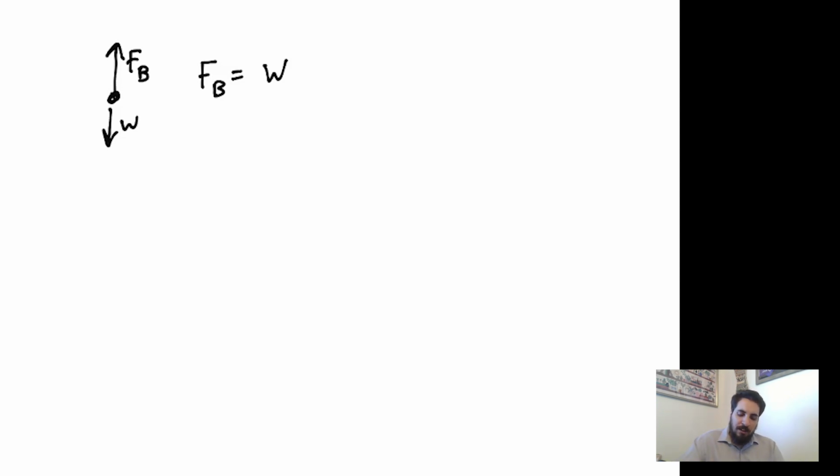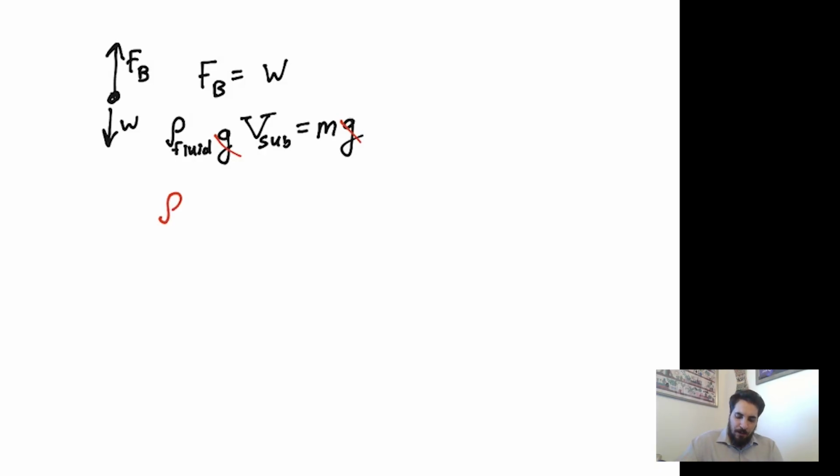And when we take a look at this, we say, well, it's going to be the density of the fluid multiplied by the acceleration due to gravity multiplied by the volume submerged. And that must equal the weight of the object, which is mass times acceleration due to gravity. Right off the bat, we see g cancels out.